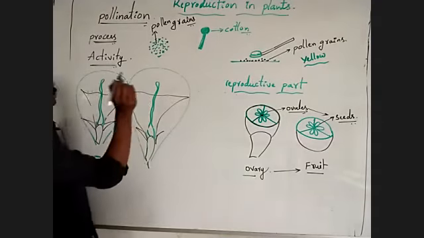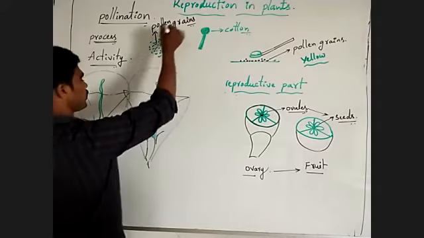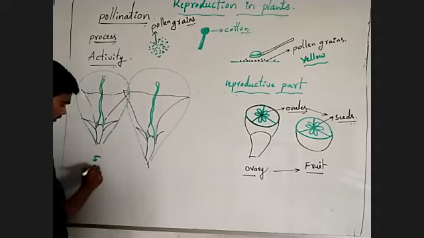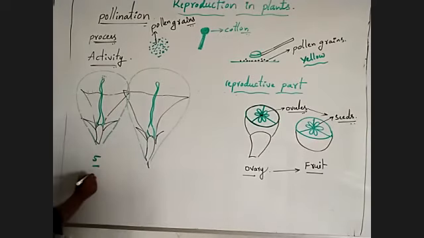Only rub the pollen grains on the stigmas of 5 flowers. Okay, only 5 flowers, and this is how to mark them.